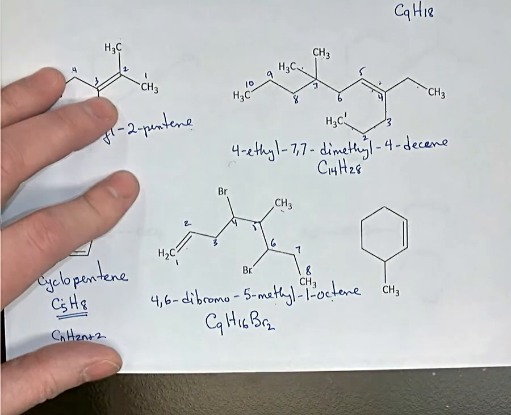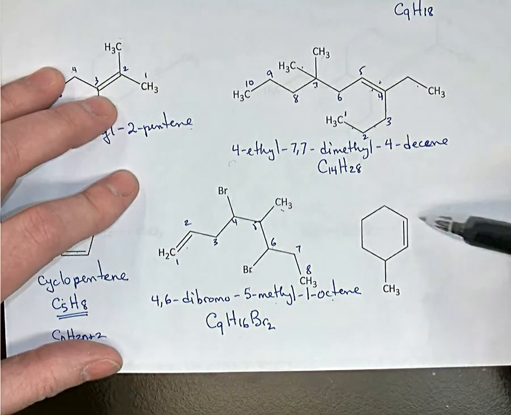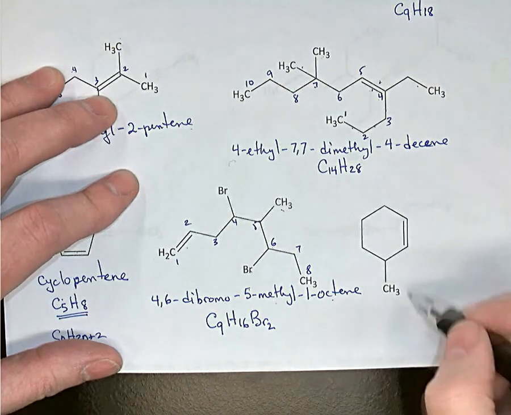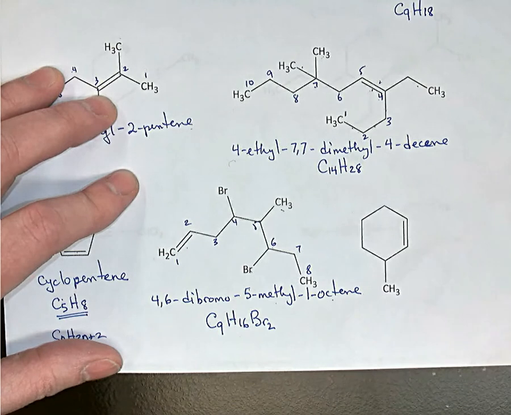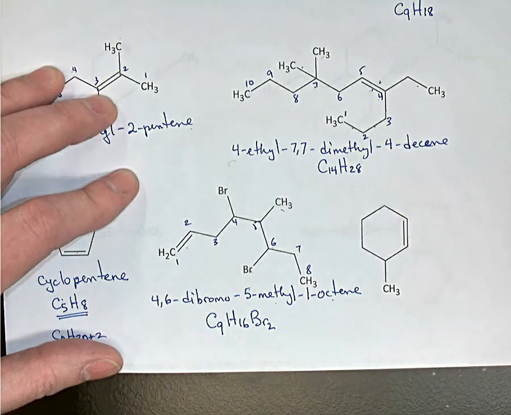And this last example of an alkene is again a cycloalkene. Okay, we see a ring, so it's a cycloalkene with a double bond, and it's got a branch, a methyl branch. Now, we have to tell where that branch is located, so we need to start numbering the ring. To number the ring, start at the end closest to the double bond. But the 2 carbons in the double bond have to be carbons 1 and 2.